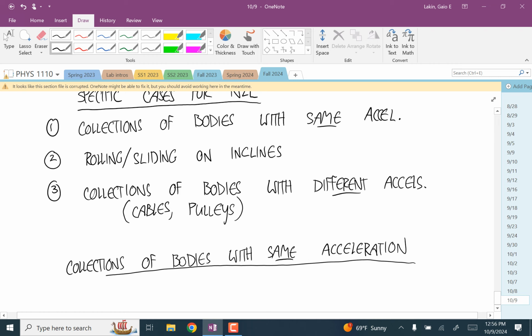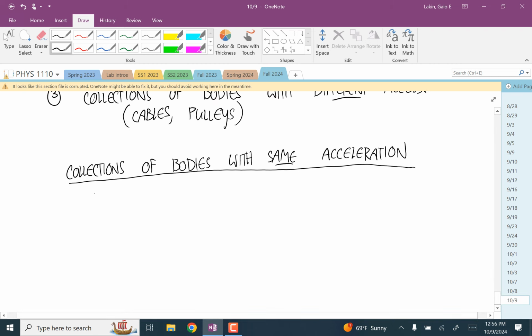And an example of this would be, say you have 2 carts that are in contact, and you have forces applied here and here.